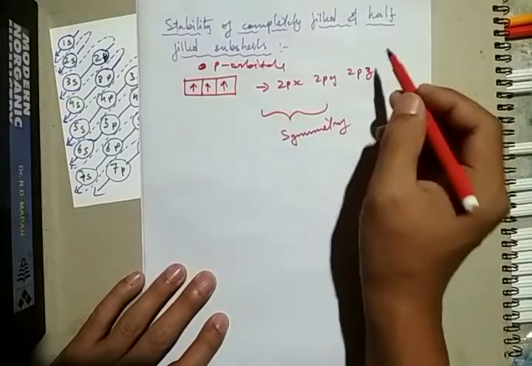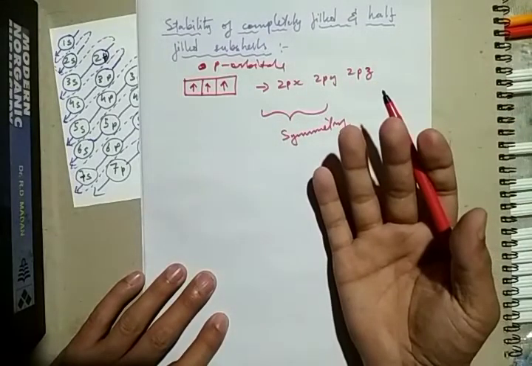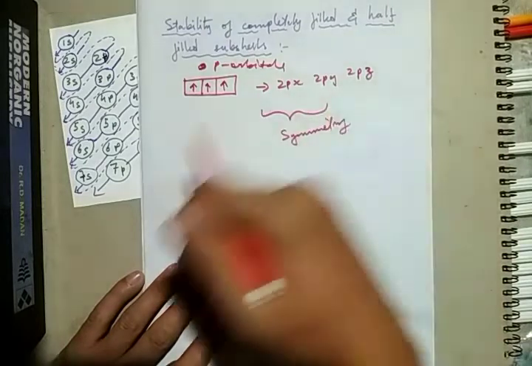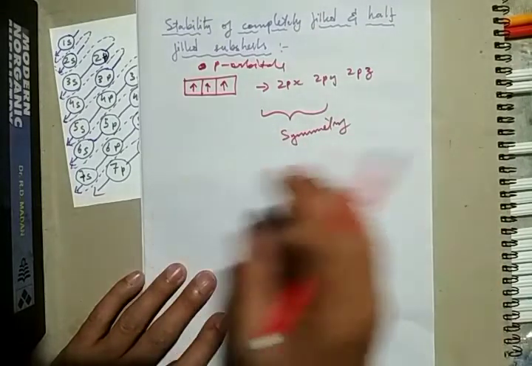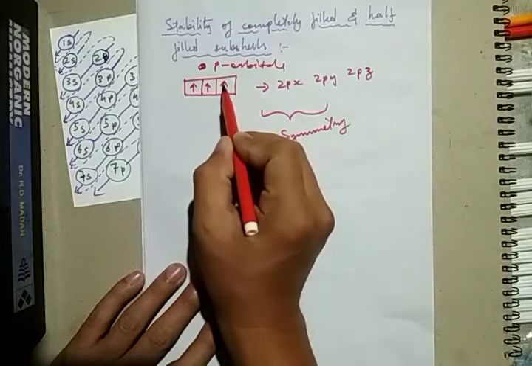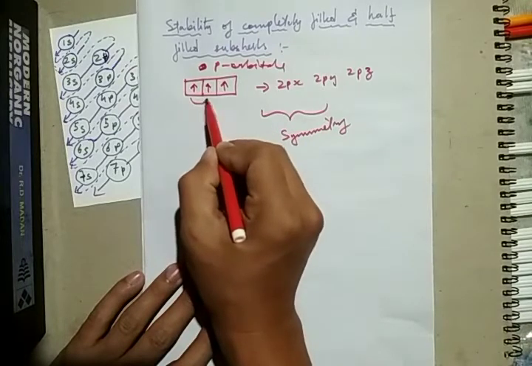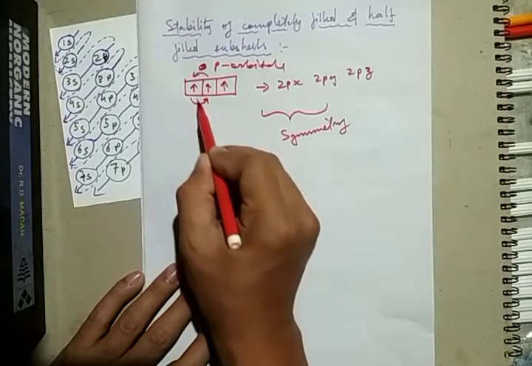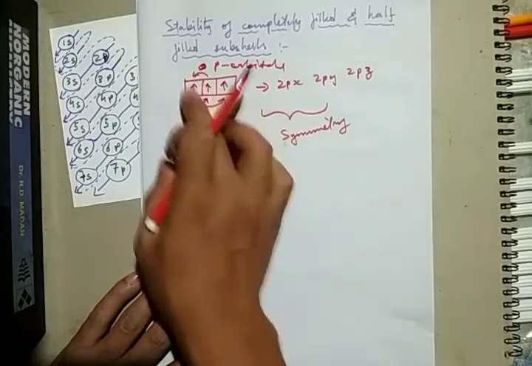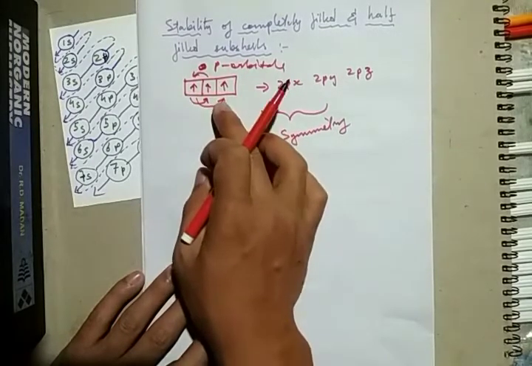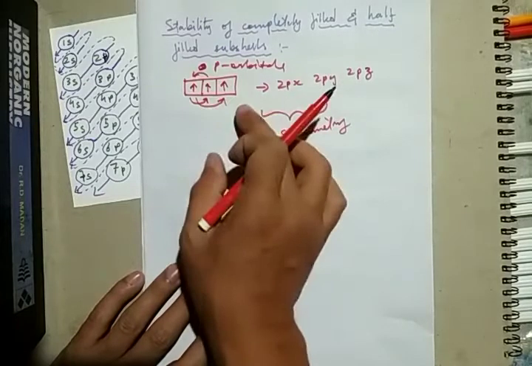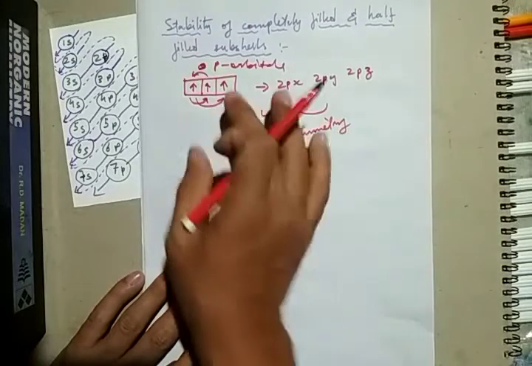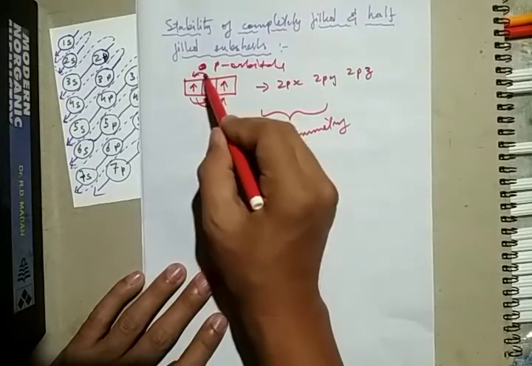We know that electrons repel each other, and they are not stable. So they can shift from here to here, from here to here, in the same subshell, since they are degenerate, having similar energy.